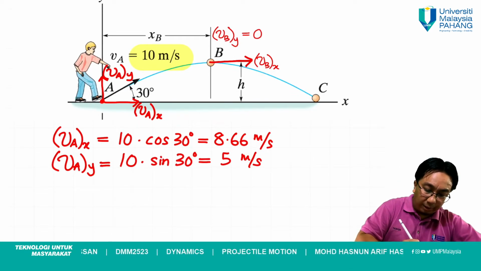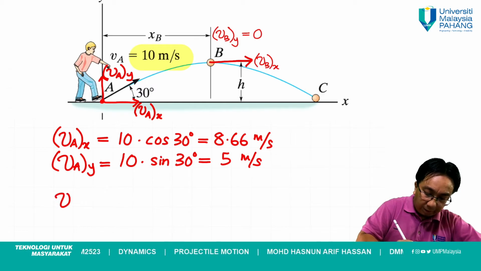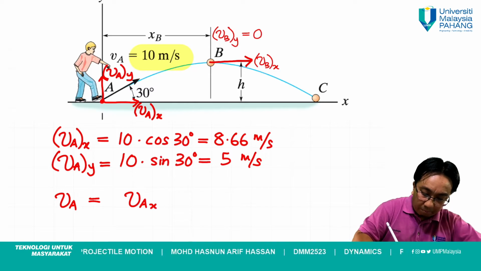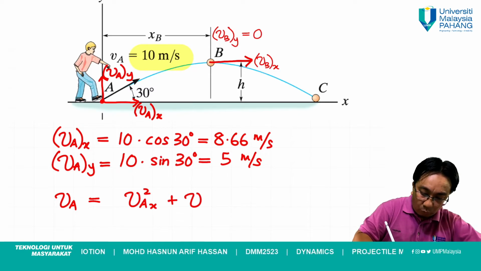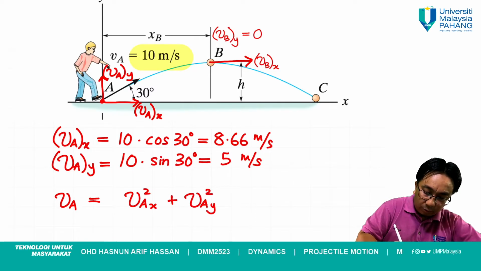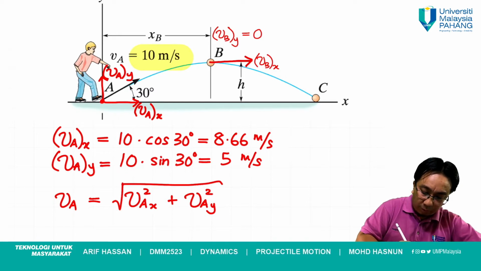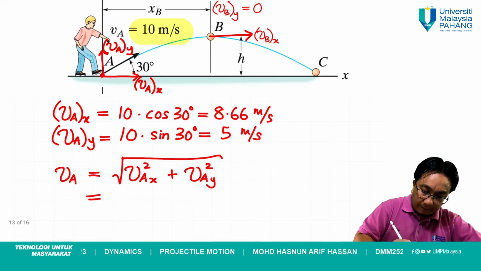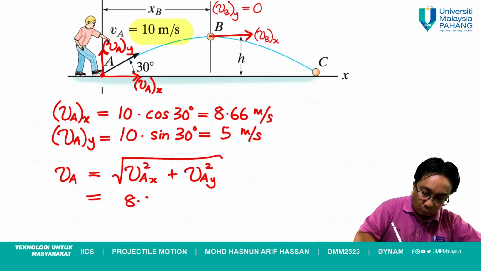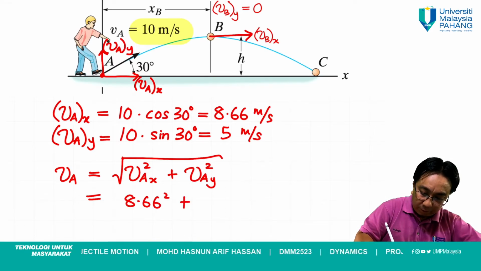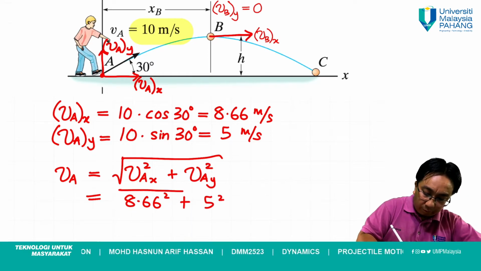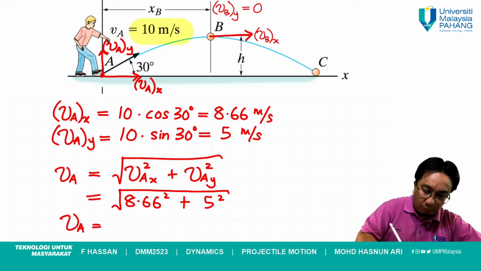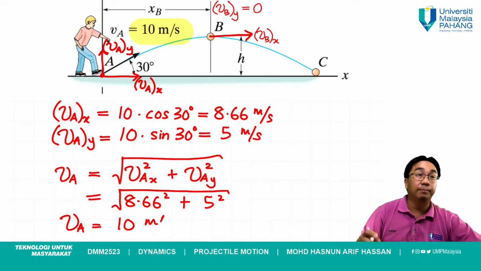So kalau kita nak calculate magnitude, VA sama dengan square root of VAX square plus VAY square. So kalau you cuba 8.66 square plus 5 square root, you akan dapat VA sama dengan 10 meter per second.